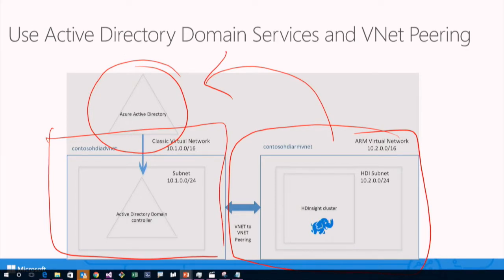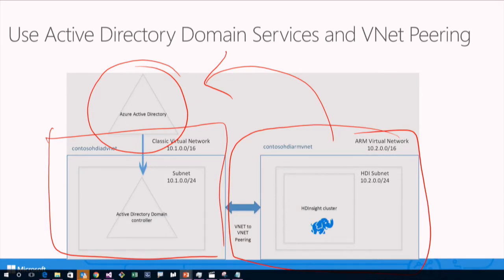Now remember, these are two different VNet environments, and you'd ask, why can't we put it into the same environment? Well, you actually can, but this is a more robust architecture, because you may have multiple deployments of big data clusters that can leverage a single Active Directory domain services instance if you have them connected via VNet to VNet peering, rather than putting them inside of the same VNet, et cetera.